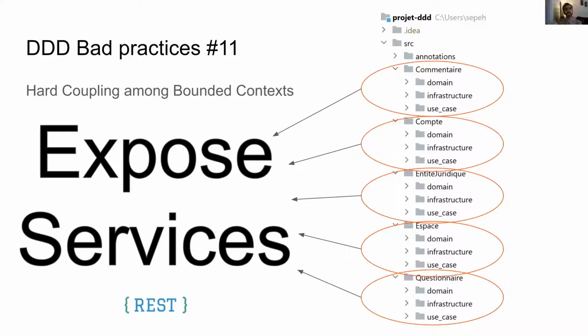Each bounded context should be considered as a system, so you should be able to deploy it independently. It's really important for a bounded context. Even a bounded context can have its own user interface. In some front-end technologies like React, if I'm not wrong, you have the micro front-end architecture.